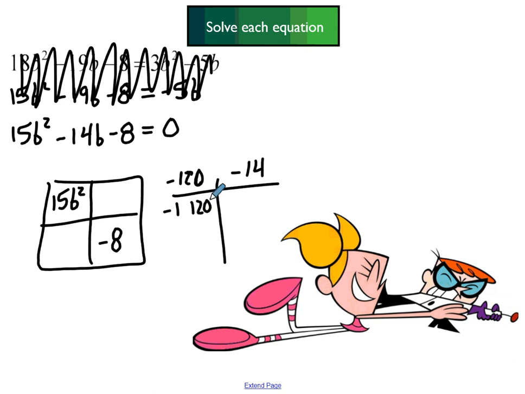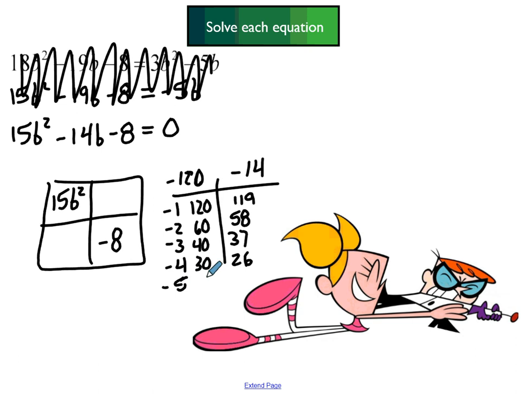-2 and 60 is going to be 58. -3 and 40 will be 37. -4 and 30 is going to be 26. -5 and 24 is going to be 19.